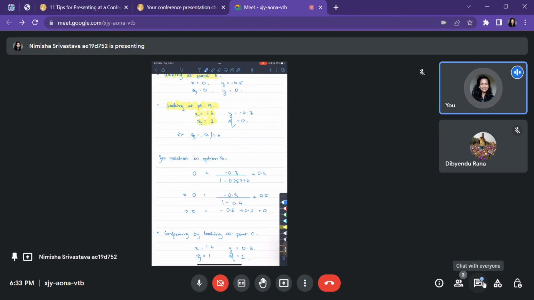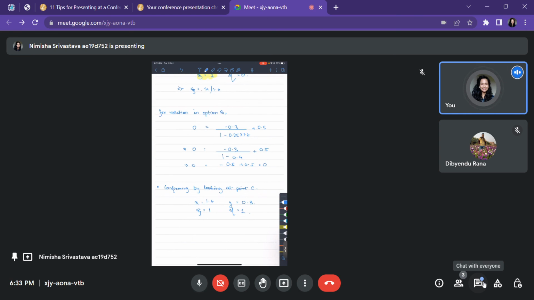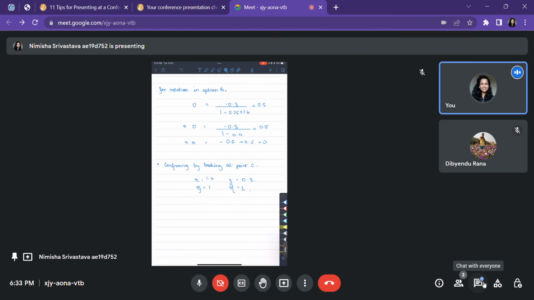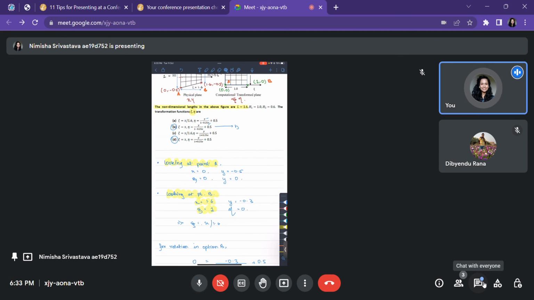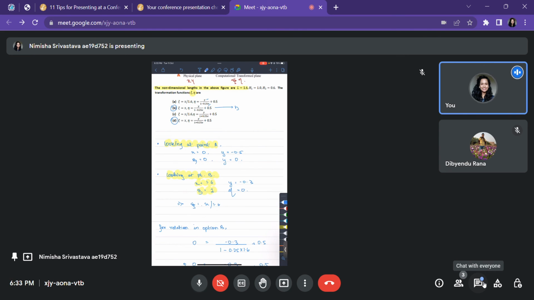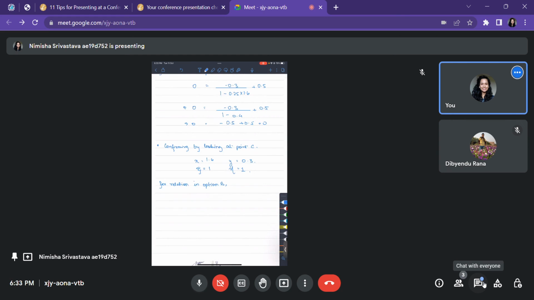Okay, so once again, looking for a relation in option B, let's copy this. What's my relation in option B? It says eta equals y.